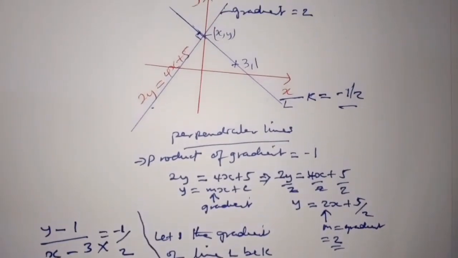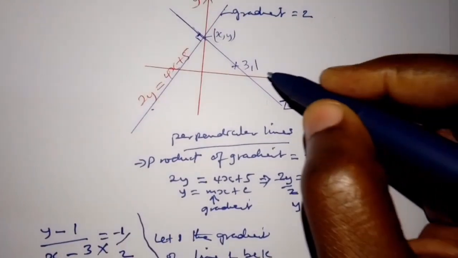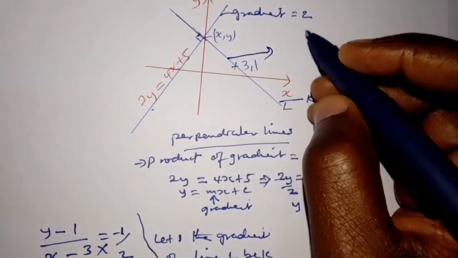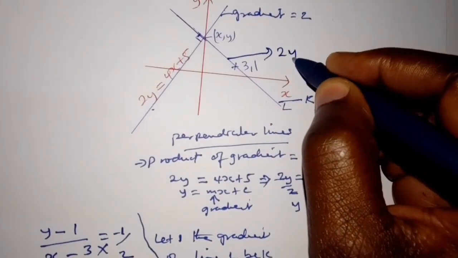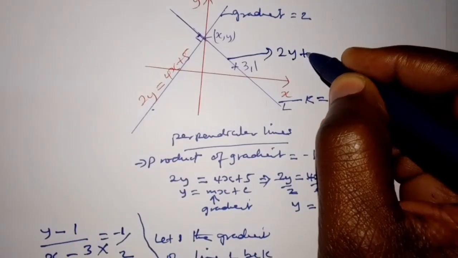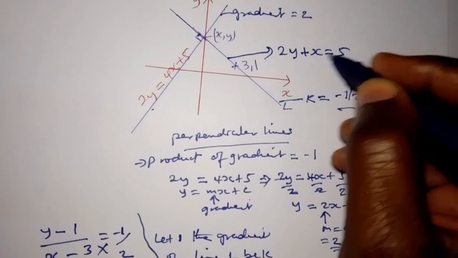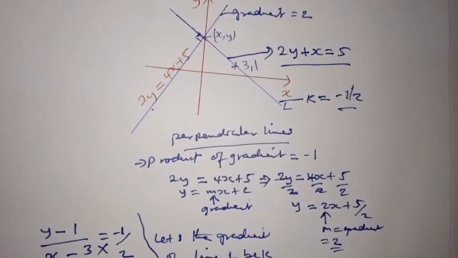So it means that the equation of this line is 2y plus x is equal to 5.